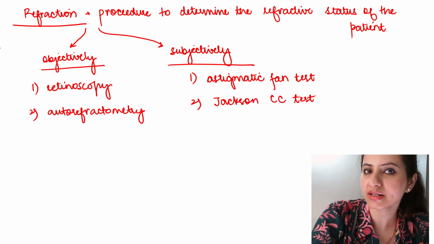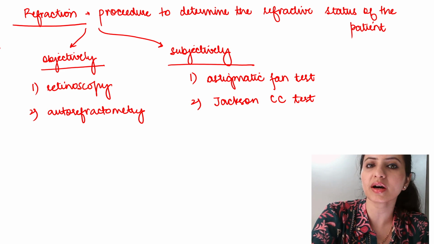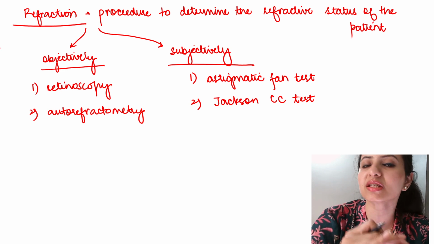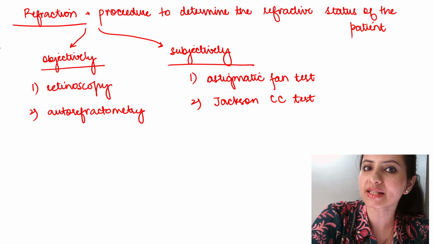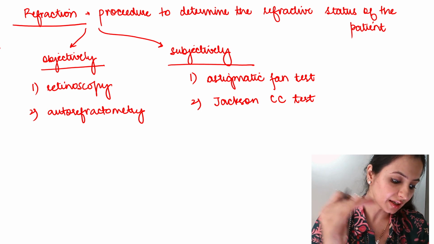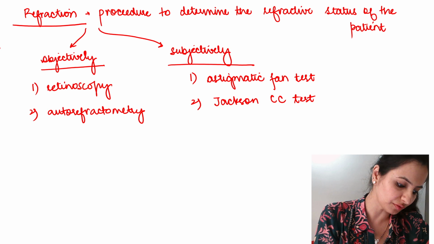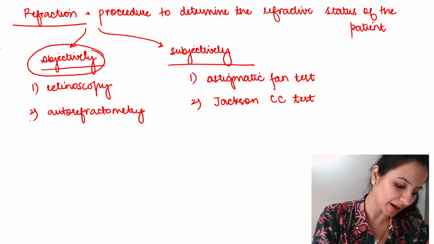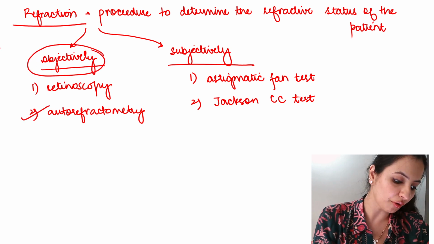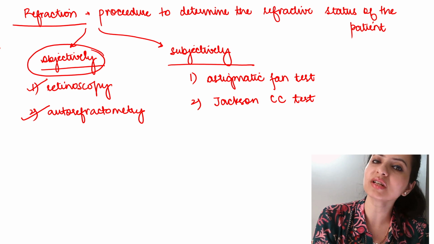So what happens is when a patient comes to us and we see that the patient is not reading 6 by 6 on Snellen's chart, then we measure the refraction of the patient objectively either via the autorefractometer or via retinoscopy.